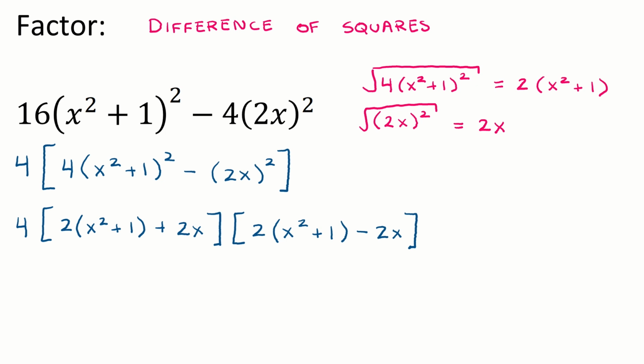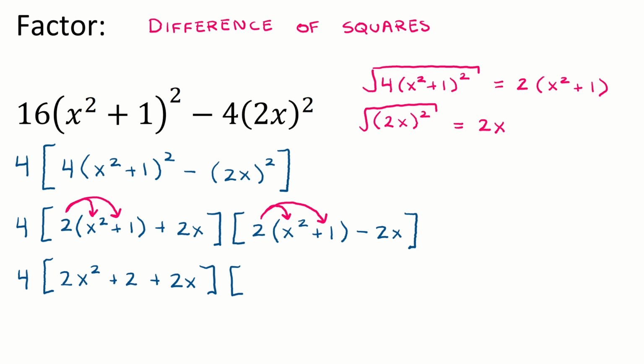So to simplify this, I'm going to multiply in this 2, so multiply both terms by 2. And same thing here. Expand that out. So my next line is going to look like 4 times (2x squared plus 2 plus 2x), and my other bracket is going to turn into 2x squared plus 2 minus 2x.